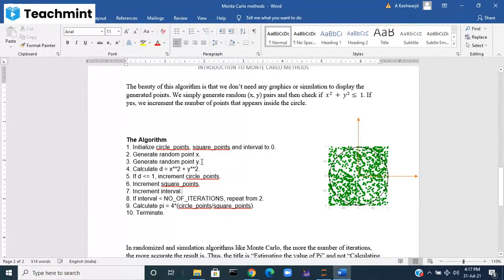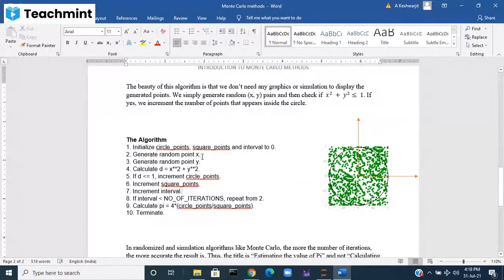Using these values of x and y, I can put the point in the xy plot, on the Cartesian plane, with the x value and the y value.